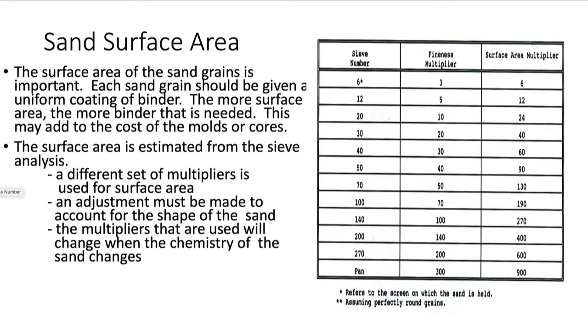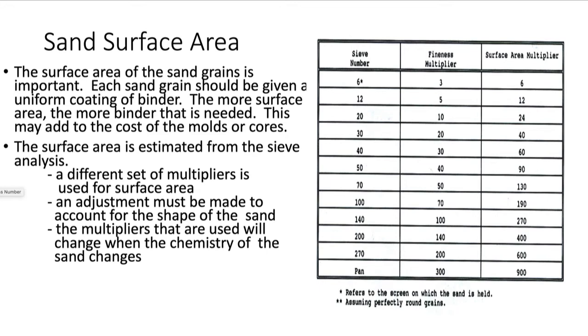The surface area is a little different. The multipliers for the grain fineness are always the same no matter what kind of sand we're using. And there are different kinds of sand, by the way. It's made out of different materials, either silica or olivine. There's a whole bunch of different kinds of sand that people use for foundries. They're even using synthetic sand now.